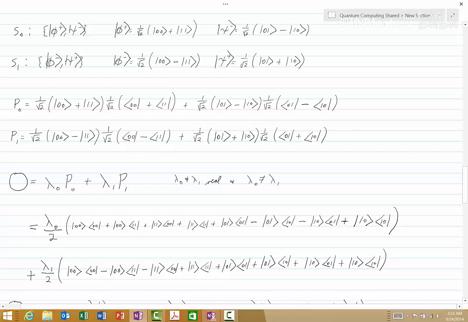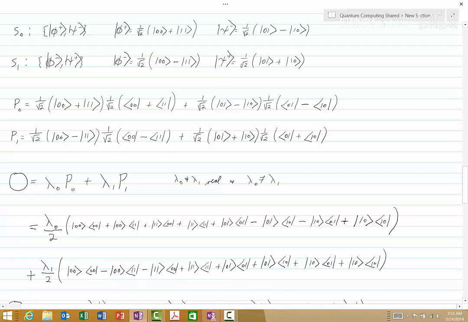0, 1 times a minus 1, 0. So that's minus 0, 1, 1, 0, which we have here. And then here, minus 1, 0, 0, 1. And then finally, minus 1, 0 and minus 1, 0 gives plus 1, 0, 1, 0, which we have here.